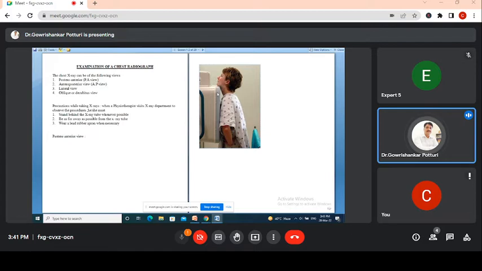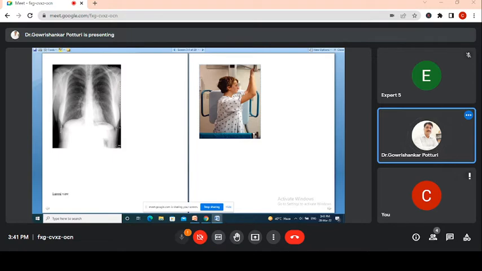So in posterior anterior view, this is how the patient will be exposed, and the view will be like this.